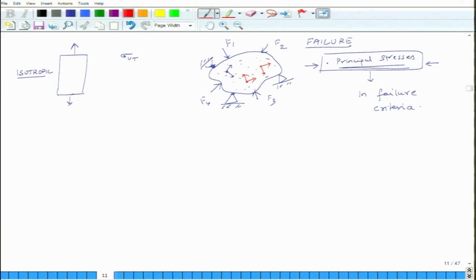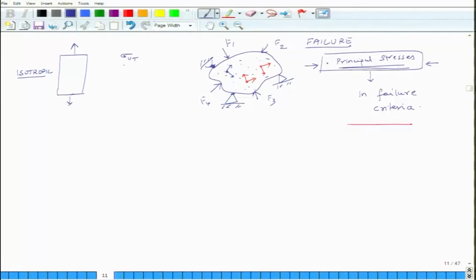And the reason we can compare these principal stresses with some failure criteria is because the material is isotropic, so the strength of the material also does not change with direction. So, we can use the principal stress method, but in case of orthotropic or anisotropic material, this method just does not work, because you can compute principal stresses at every point, but the strength of the material keeps on changing with respect to the direction. So, you do not know what to compare these principal stresses with.